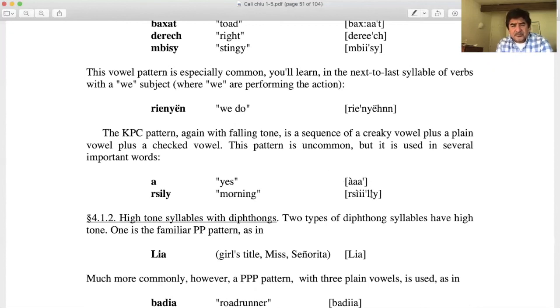I hope that your ears begin to recognize that. Okay, so one more time, and then we'll stop here. Yes. Morning, seal. All right, guys, keep practicing, and I will come back in the next section, and then we'll have more vowel patterns that we need to go over.